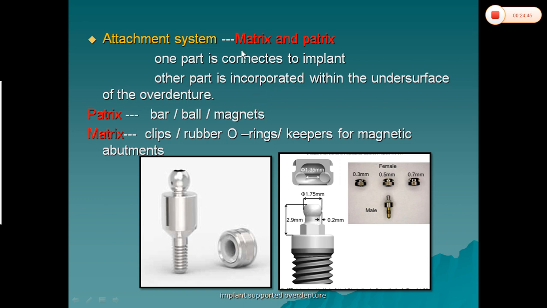Whereas the other part, the matrix, will be in the form of a ring or sleeve type. It will be incorporated into the denture. Usually, an implant overdenture attachment consists of matrix and patrix. One component will be connected to the implant, the other component will be positioned within the under surface of the overdenture.